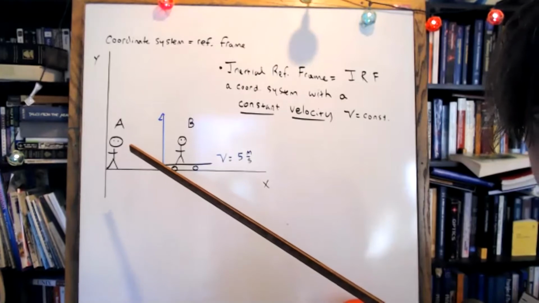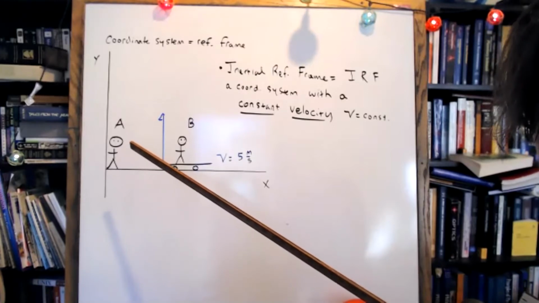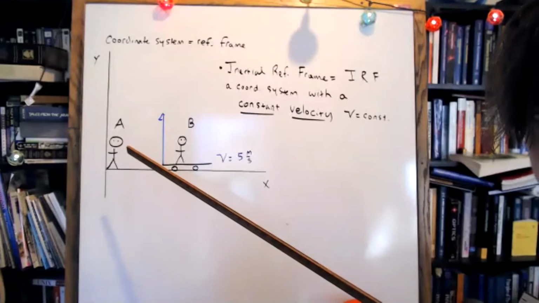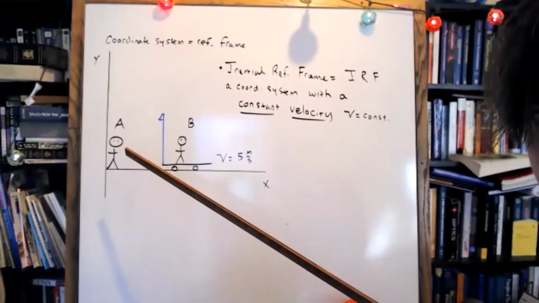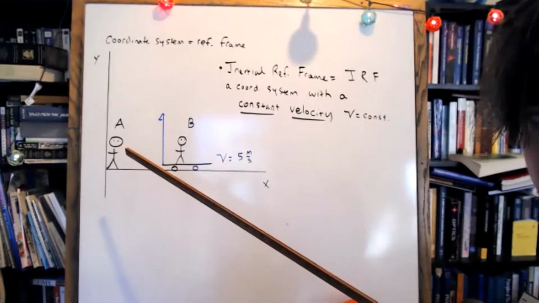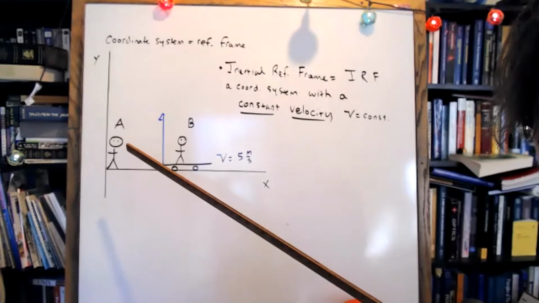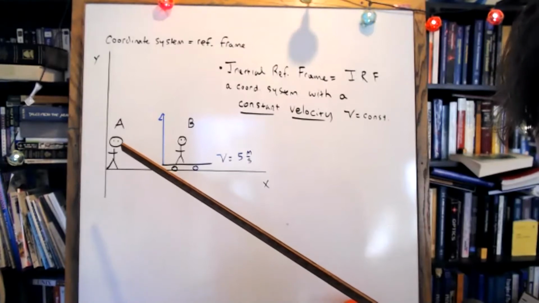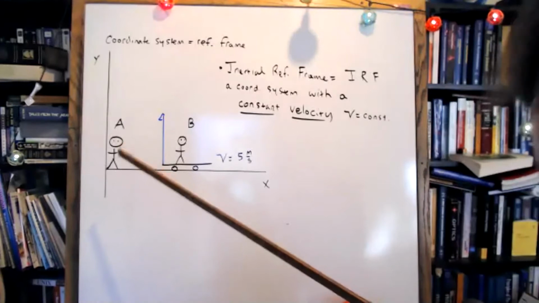I mean, isn't he just standing there? So I would say no. Why not? Because he's just standing. What's his velocity? Zero. Is zero a constant? I mean, okay, yeah. So do you want to revise your answer? I would say yes. Exactly.